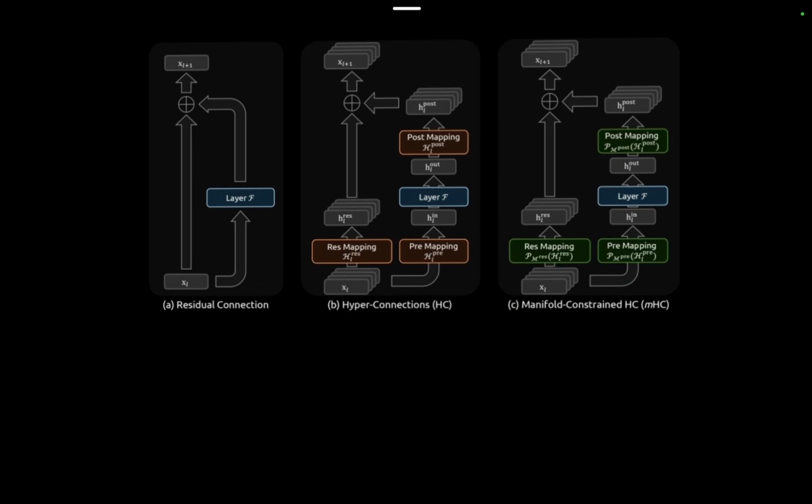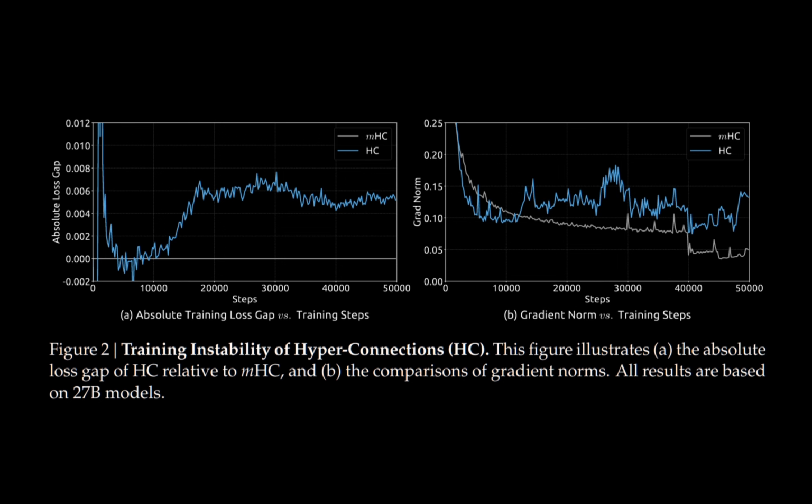So we need to talk about the drawbacks of hyper-connections, then we'll go to the mHC architecture. As I said, the main drawback was that it was not stable, and they demonstrate this in their paper with several indicators. The first one is the absolute loss gap, which is the loss of the method minus the loss of the reference. The reference here is the mHC, and the method is the HC.